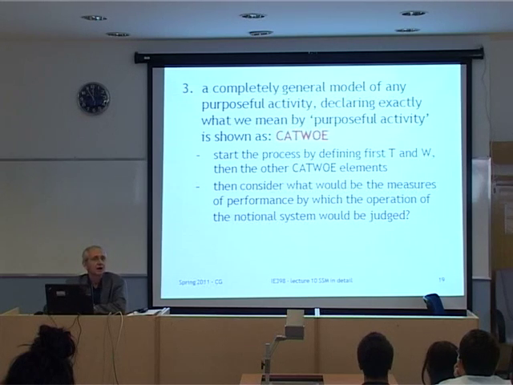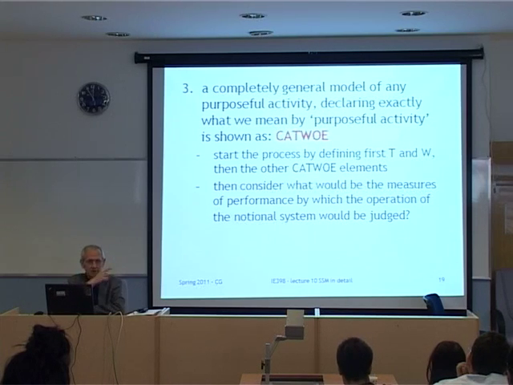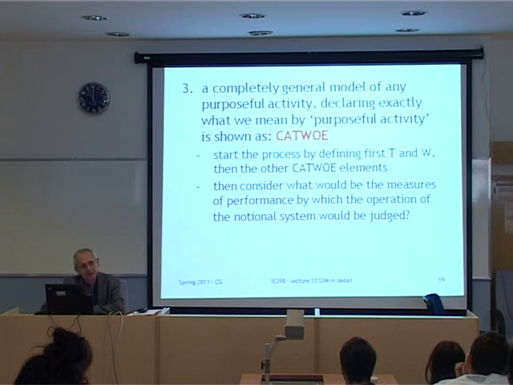How do you implement this step number 3? This is step number 3 in constructing the model, what we call CATWO analysis. So you will do this CATWO analysis in step number 3. How are you going to do it? Well, it says here, start with T and W, the elements in the middle, and then identify the others. Actually, identify the measures of performance, etc.